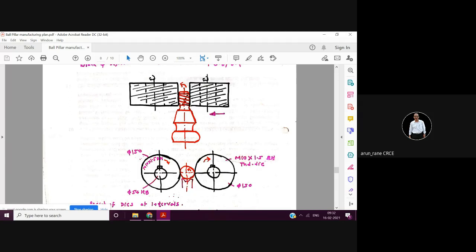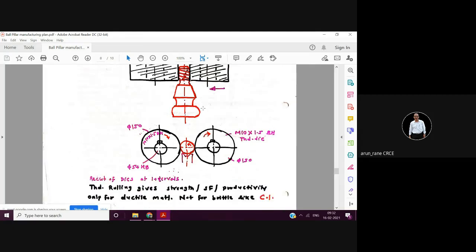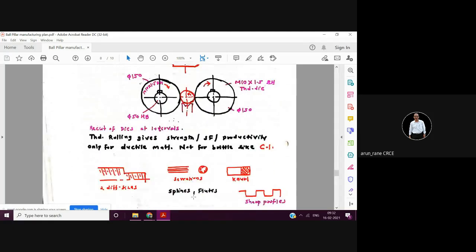In one die you can cut only one pitch. If you want to cut 2 pitches, then you have to change the die. If the pitch remains the same, you can use the same die, but the moment the pitch changes, you need to change the die also. So this plan is possible.